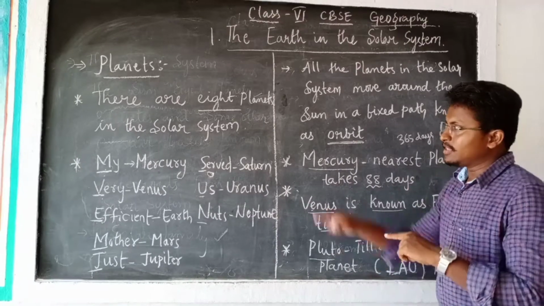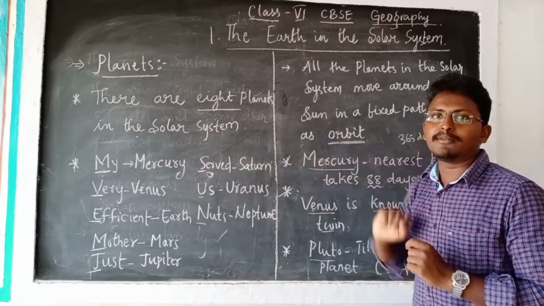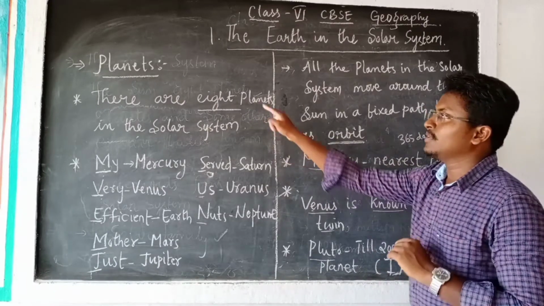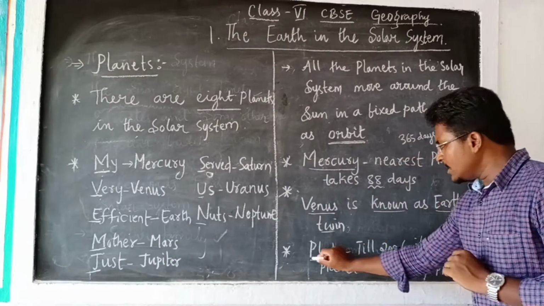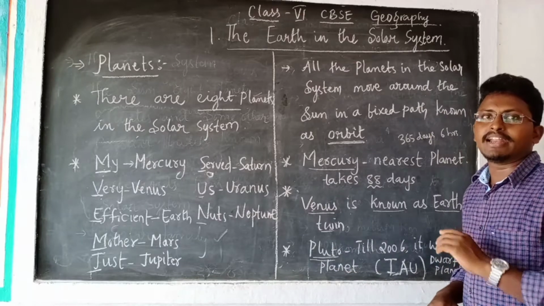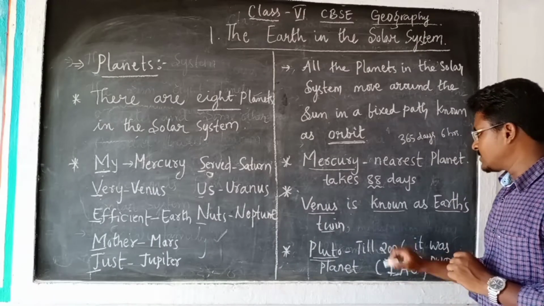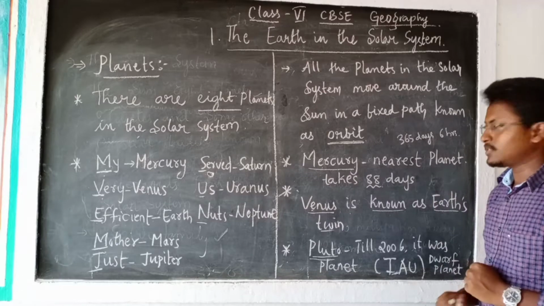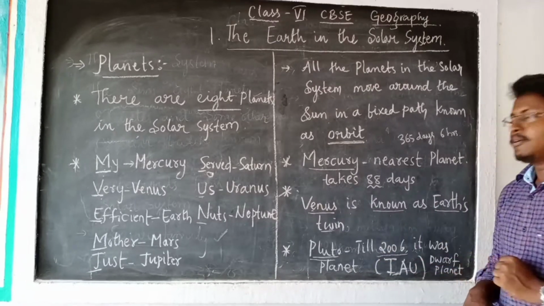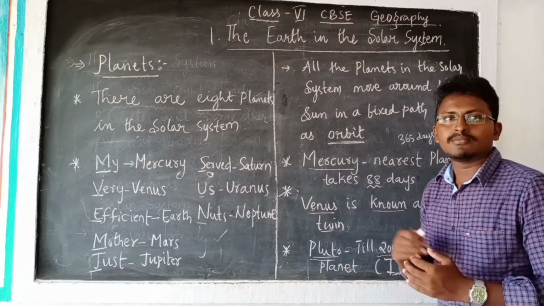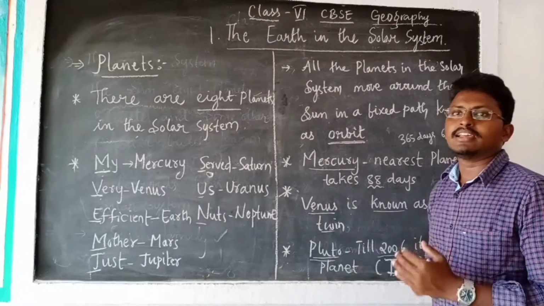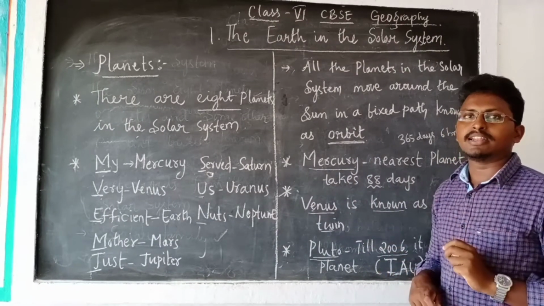Then I told you in the beginning that previously there were 9 planets. How has it become 8? Till 2006, the 9th planet, Pluto, was part of our solar system. But the size of Pluto was very small.